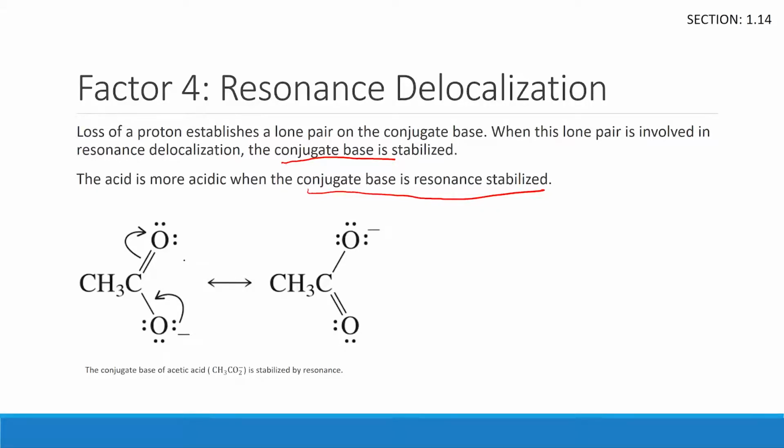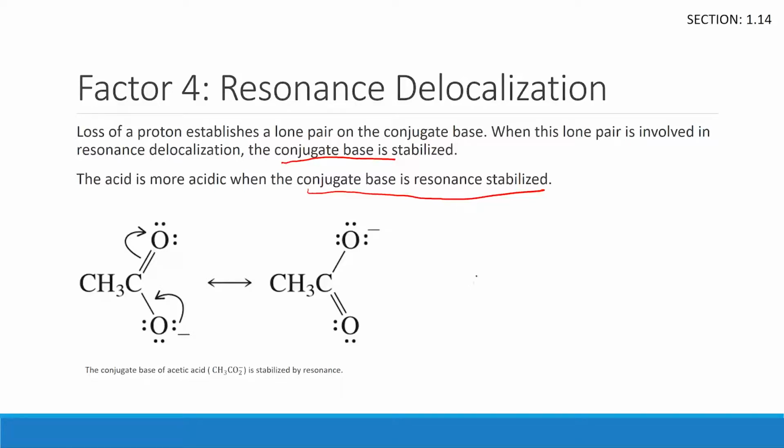Here we can see this is the conjugate base of acetic acid. So this is after the proton has been removed. The proton used to be right here. It was removed in a reaction, leaving this negative charge, which can rearrange in resonance stabilization with the double bond up here and go between these two products.